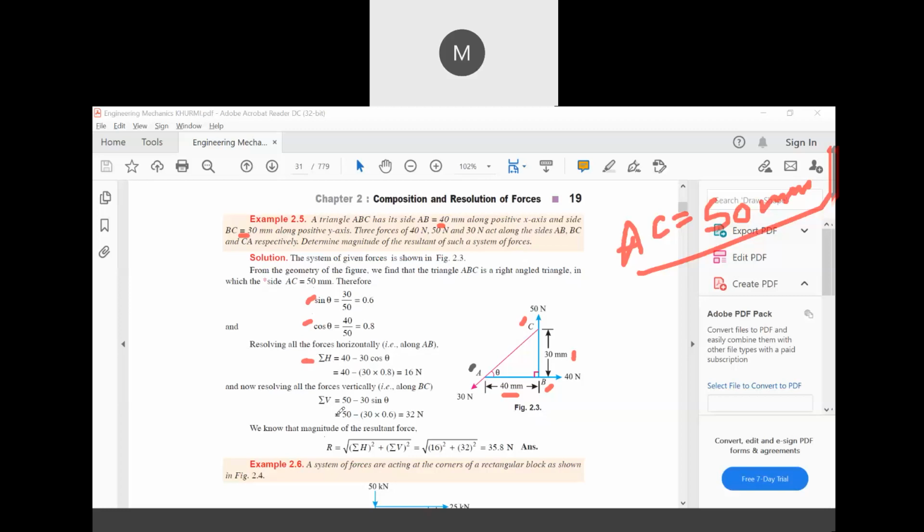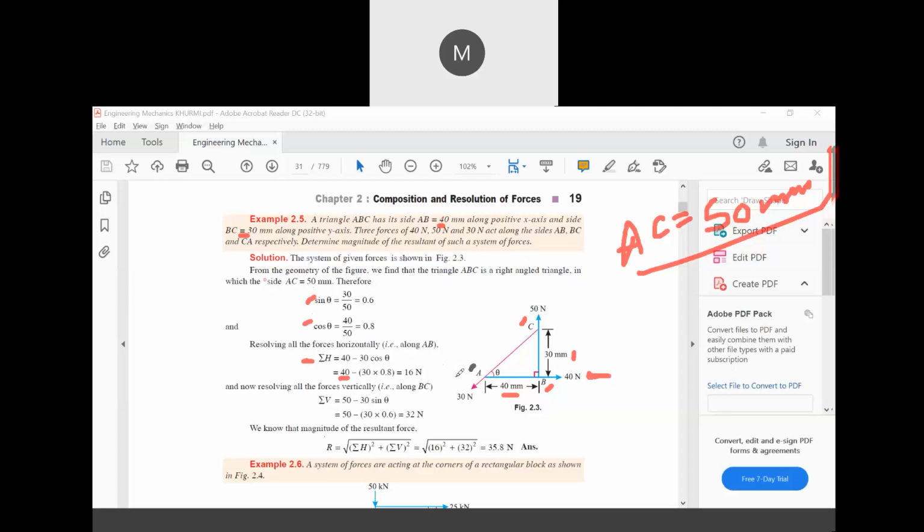This 40 Newton is acting on the horizontal axis. Yes or no? So summation of H means you will get 40 Newton here. Okay? Yes or no? Yes, sir.